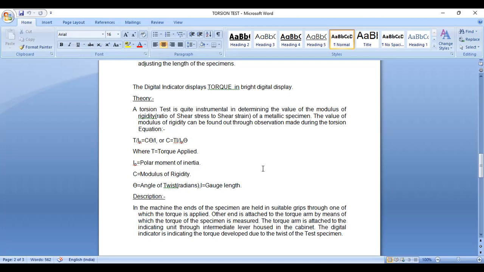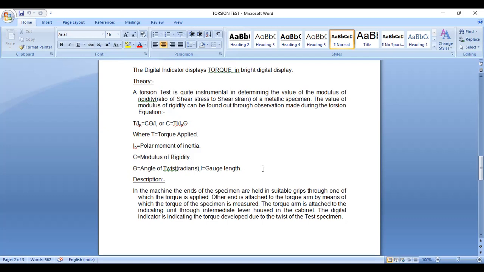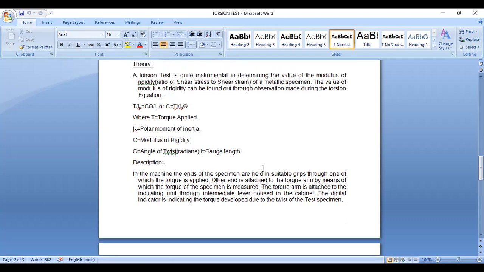Now, what we are going to do in this test: the ends of the specimen are held in suitable grips. We have two vices on the machine to grip the workpiece.